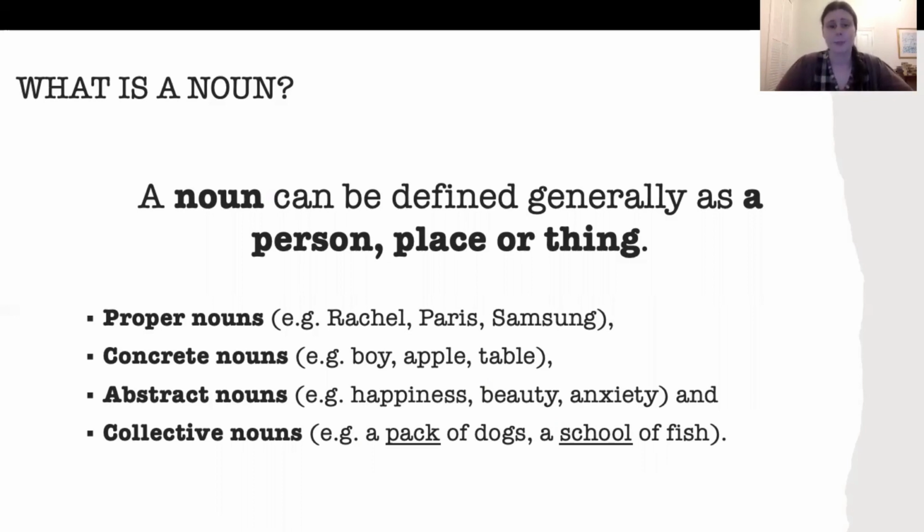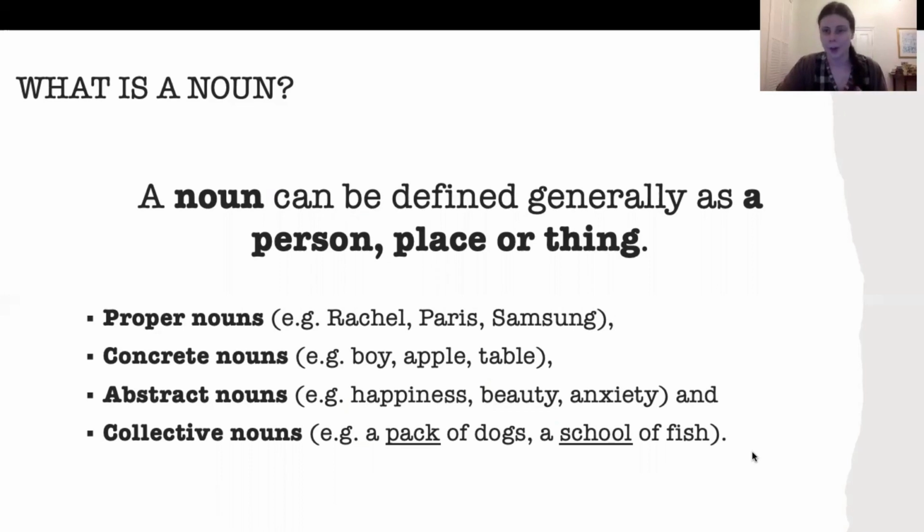So happiness, beauty, anxiety, cancer. This is not something that you can touch. And then finally, we've got collective nouns. So these are nouns that are describing a group of nouns. So a pack of dogs or a school of fish.